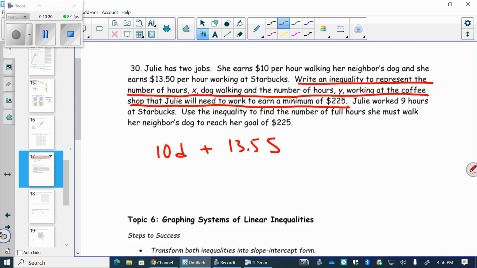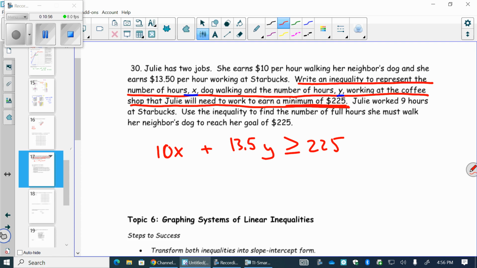I'm going to call that S. Well, my S's and my 5s look so the same. So this is 13.5 times S. Actually, I'm going to use the X and Y they told me. I'm sorry. It's 10X plus 13.5Y. It says it here in the question. And I was just reading. And it has to be a minimum of 225. So that means the person has to make at least $225.